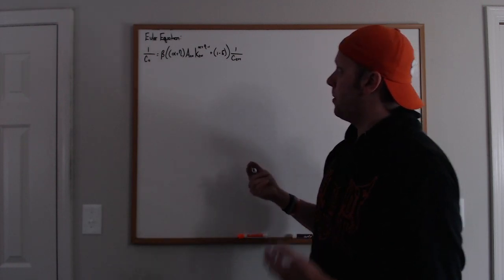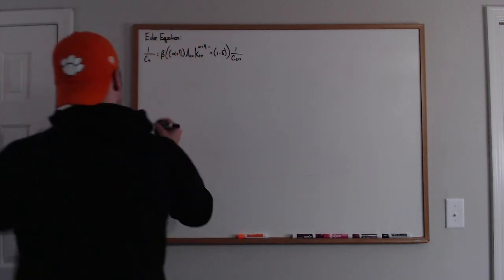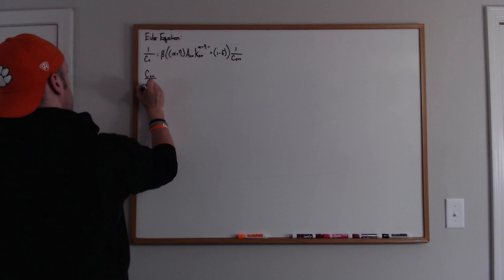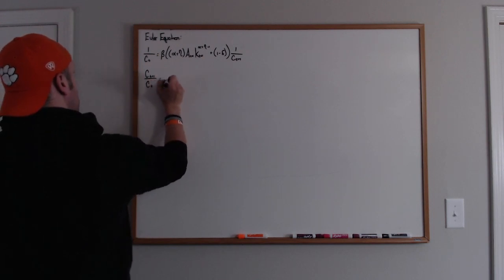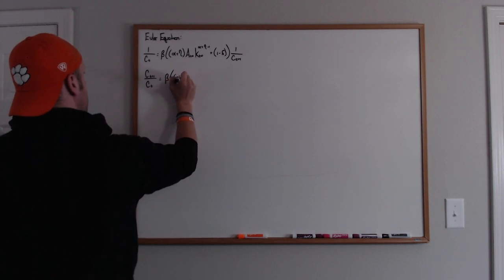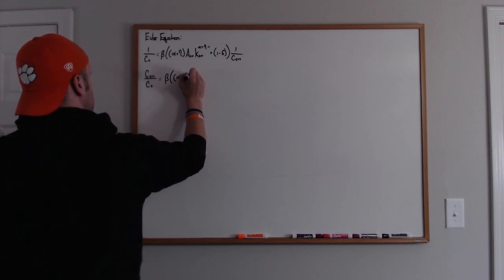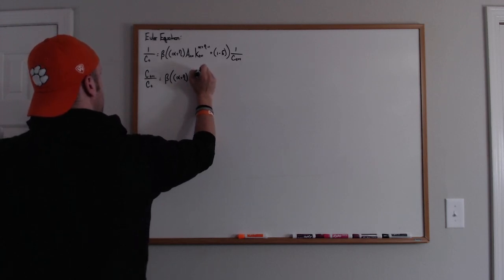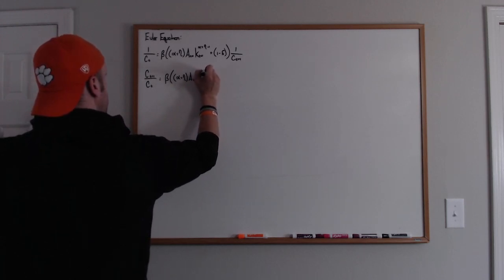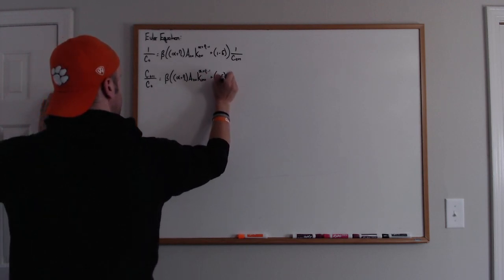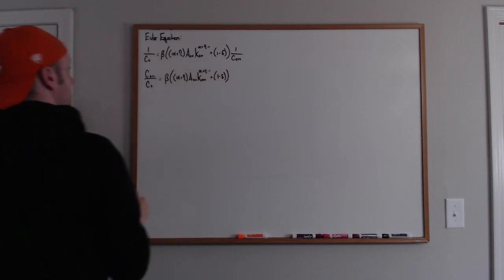Right? Let me show you what I mean. This is the marginal rate of substitution. The price ratio, beta times this alpha plus eta, times AT plus 1, KAT plus 1 to the alpha plus eta minus 1 plus 1 minus delta, like that.